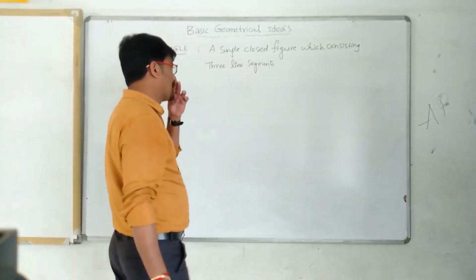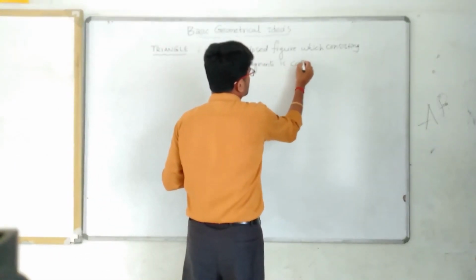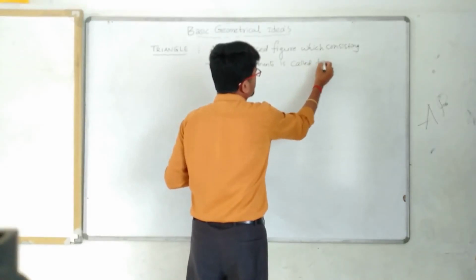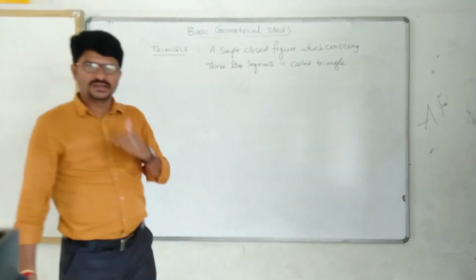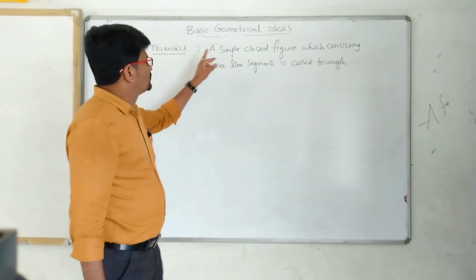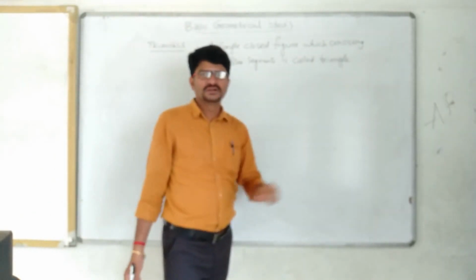A simple closed figure which consists of three line segments is called a triangle.